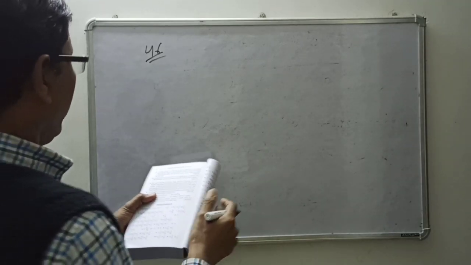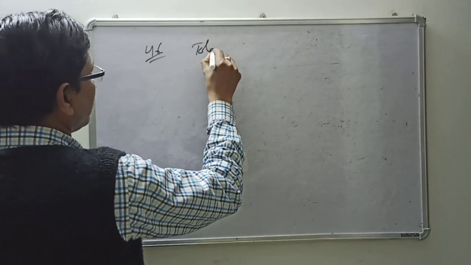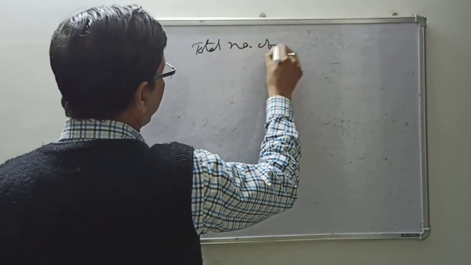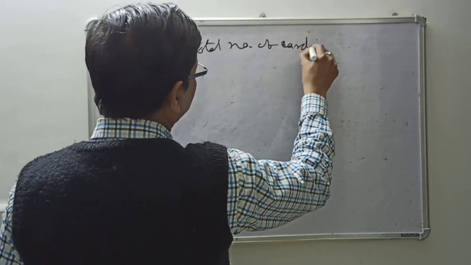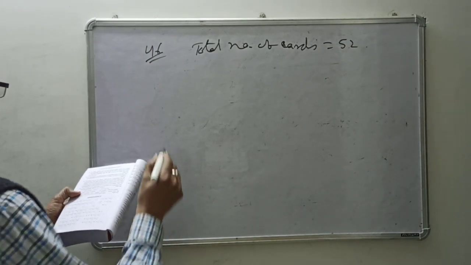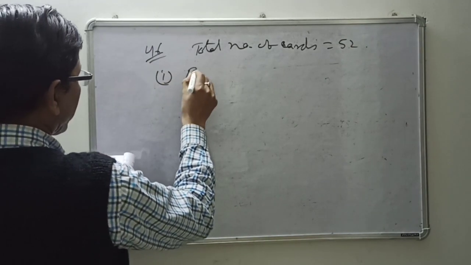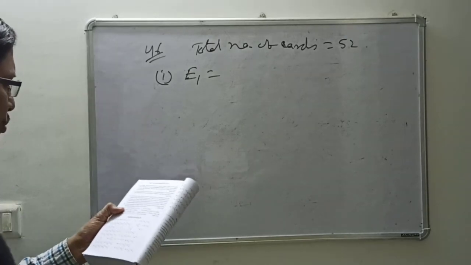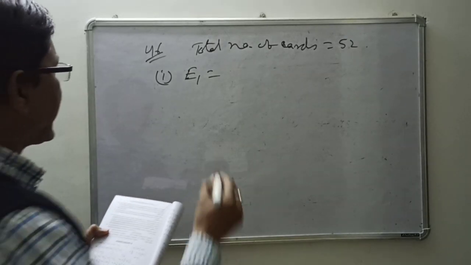So you know the total number of cards is 52. First of all, suppose the event E1 is a card of spades or an ace.